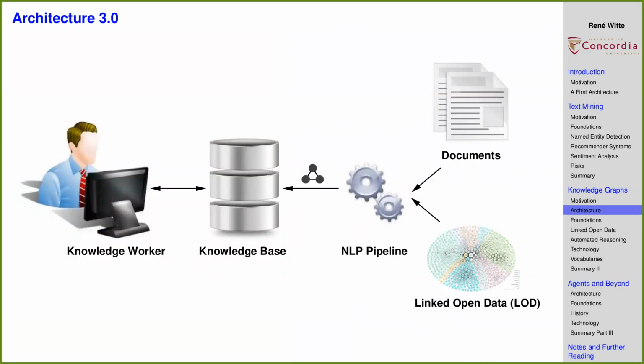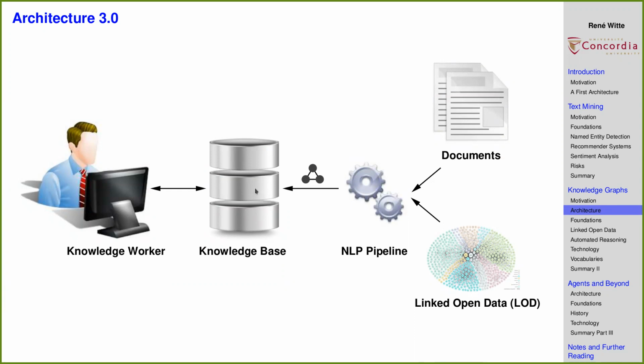So this brings us to version 3 of our architecture. We still have our knowledge worker dealing with a lot of documents. We talked about how NLP pipelines, text mining can help you to automatically analyze, filter, and extract information. But now the new thing is that we store this information in a structured format, in a so-called knowledge base.